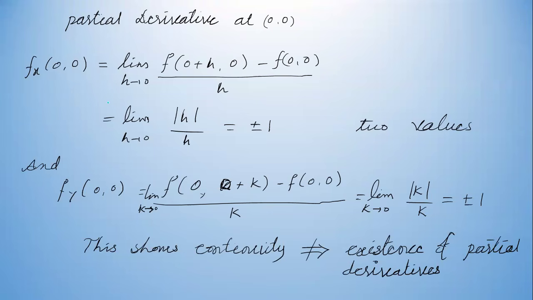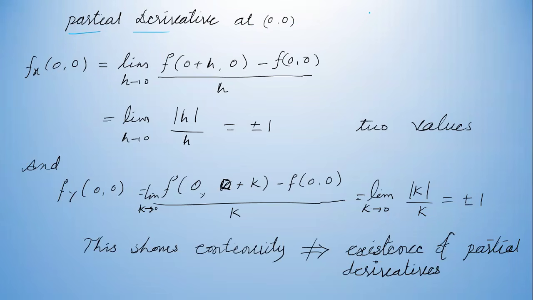Now, the test for partial derivative at a comma b, meaning 0 comma 0: the first order partial derivative of f with respect to x.